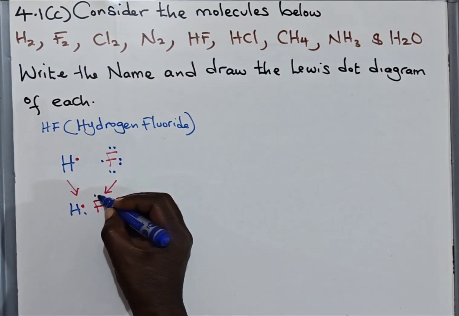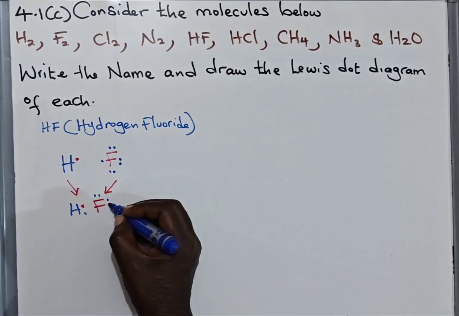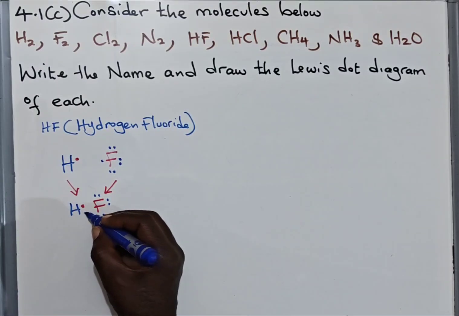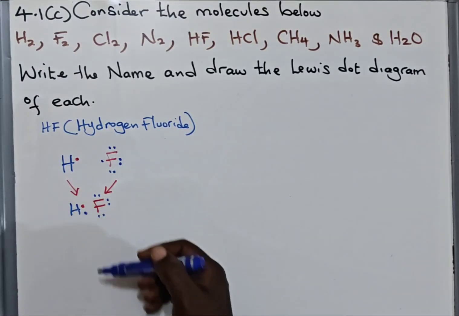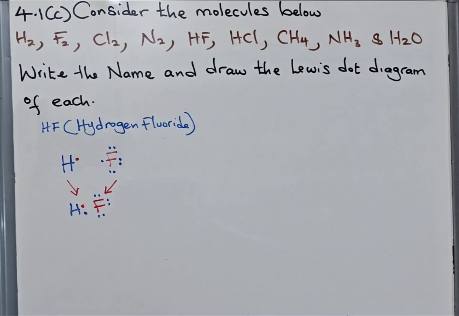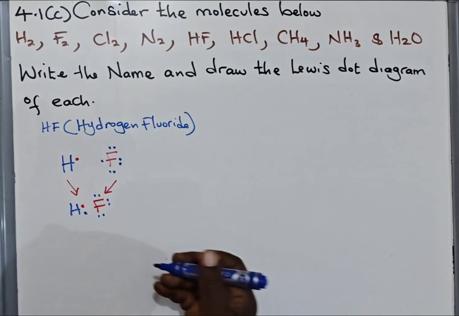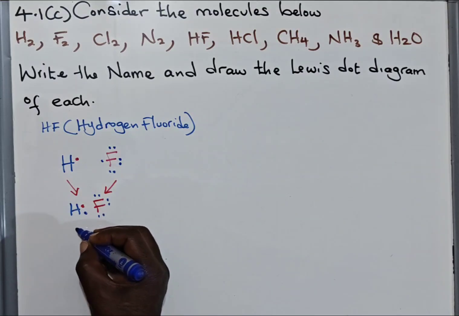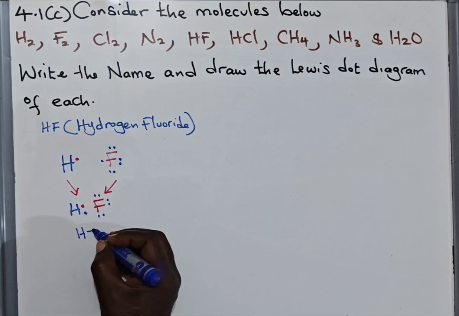Then we represent its lone pairs like that. So what you have here is the Lewis dot diagram of hydrogen fluoride. And if we want to represent its molecular structure, it's going to be H single bond F.